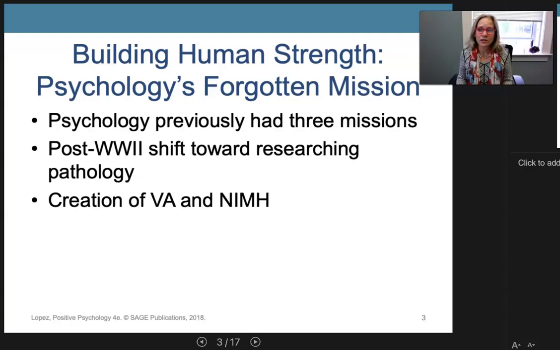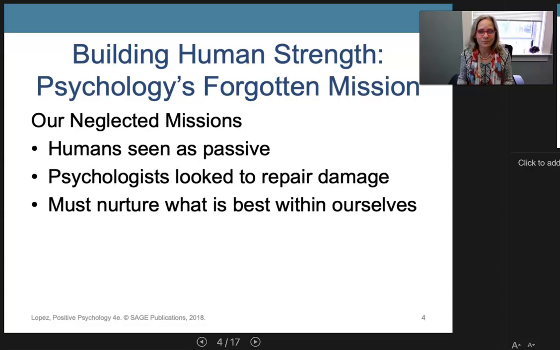This led to the creation of the Veterans Administration, the VA, and the National Institute of Mental Health. But our neglected missions were that we saw humans as passive, that they weren't active in how they were feeling, and we took that medical model to repair damage rather than nurturing necessarily what's best within ourselves.